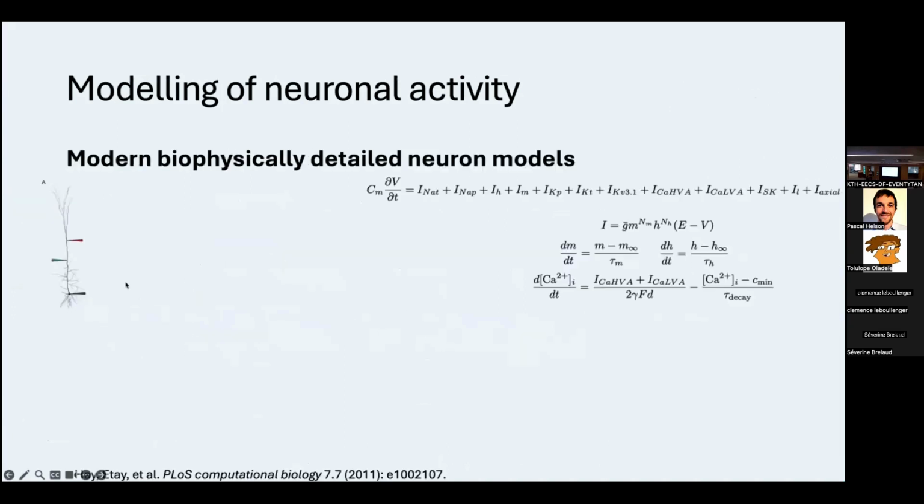And when we go to the modern biophysical detailed model, this is pretty much still the same Hodgkin-Huxley model. We just have the whole neuron morphology there instead of just single points. And instead of just one sodium and one potassium channel, we have, for example, in this 2011 paper that we have used a lot, 2 sodium channels and 5 or 6 potassium channels and 2 calcium channels.